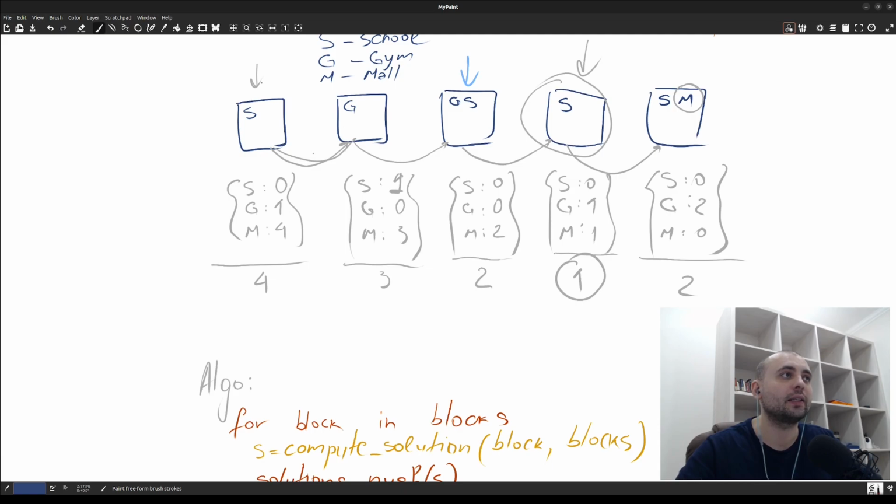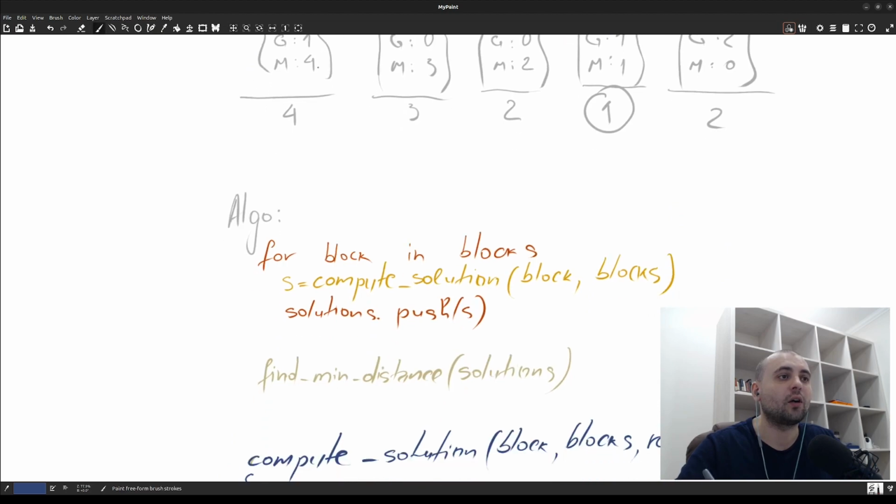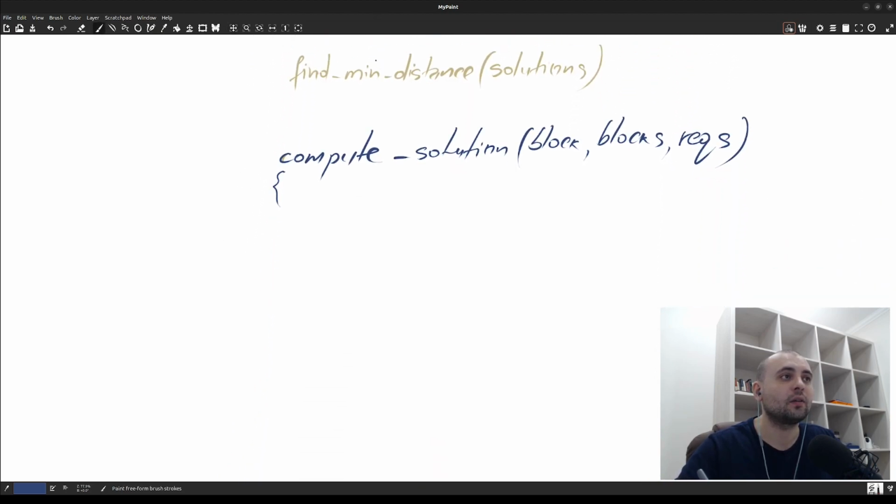If, for example, it's at index 0, if you are here, it doesn't make sense to move on the left side. But if you're at index, for example, 3 or 4, we definitely need to move on the left side. So we'll need to traverse our blocks on the left and on the right side.